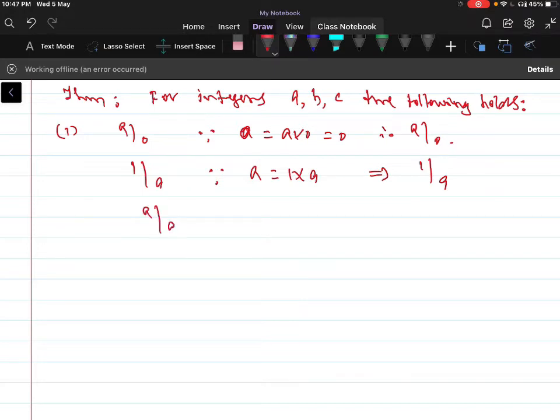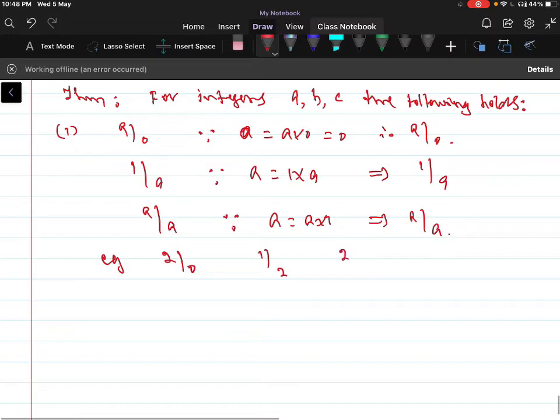And a divides a, since a is equal to a into 1. So for example, 2 divides 0, 1 divides 2 and 2 divides 2.